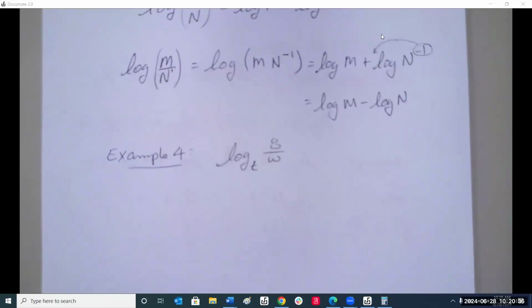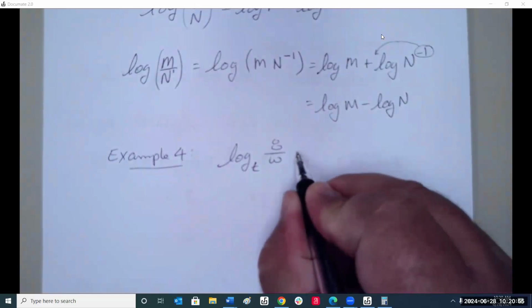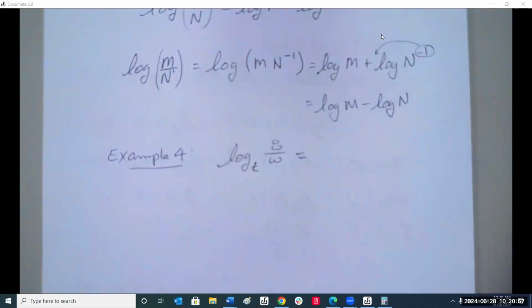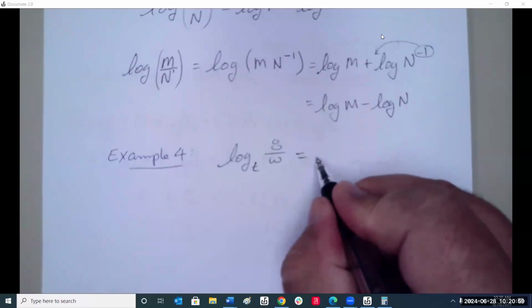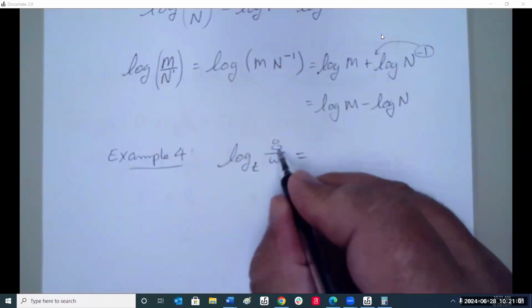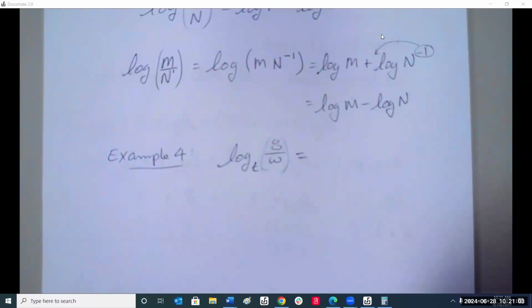Example 4. It's 8 over w here. How do we expand it?